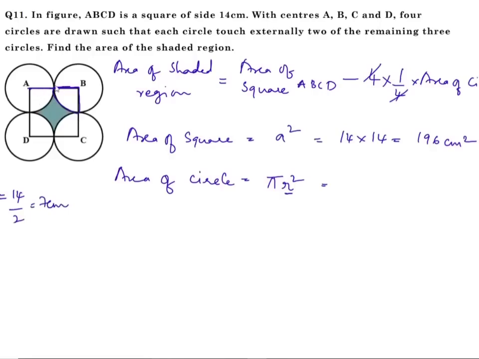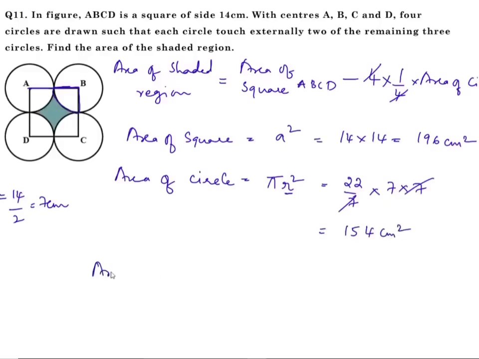Because AB length is 14 centimeter. If I take half of that, I'll get the radius. Therefore pi value is 22 by 7 into radius 7 into 7. 7 and 7 will get cancelled. What do you get? 22 into 7. Multiply 22 into 7, we get 154 centimeter square.